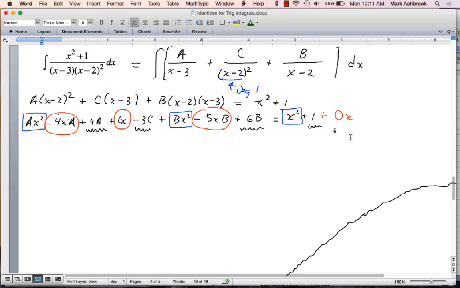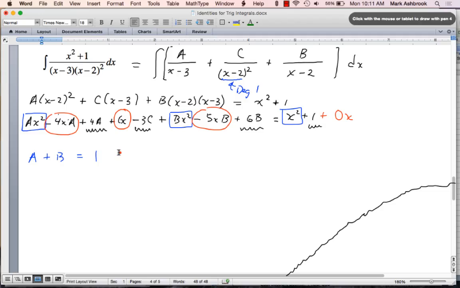So we're going to match them up. My x squared equation will turn out to be, the blue, a plus b equals 1. Right? Coefficients of x squared: a plus b equals 1. All right. Then coefficients of x.